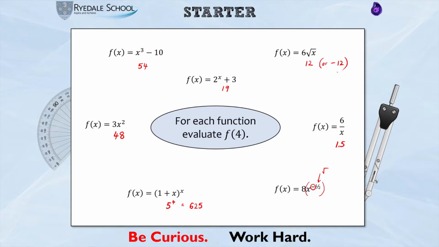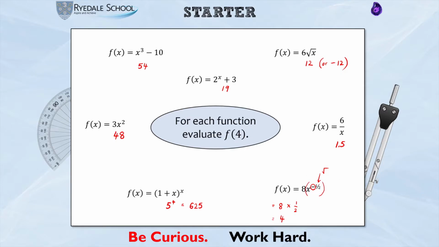And there will be another clever answer here, but I'll start with the positive answer. So we know that the square root of 4 is 2. The reciprocal of 2 is a half. So we have to do 8 times a half. And 8 times a half is 4. So when you put 4 in, 4 comes out.